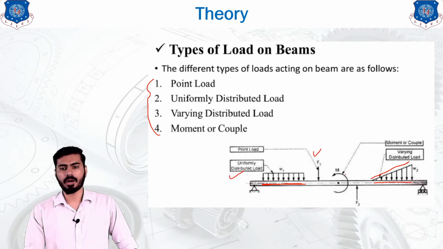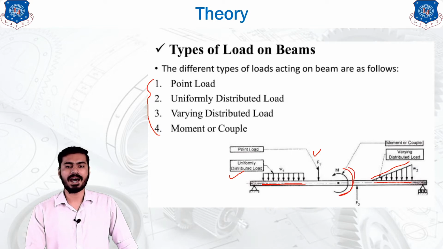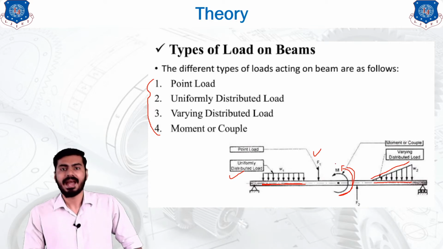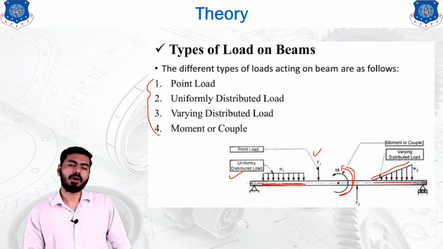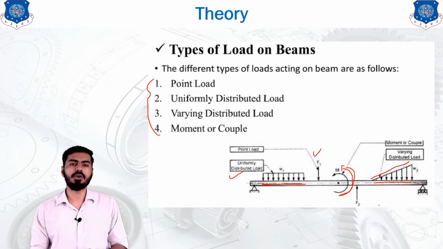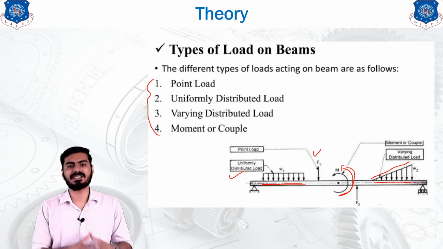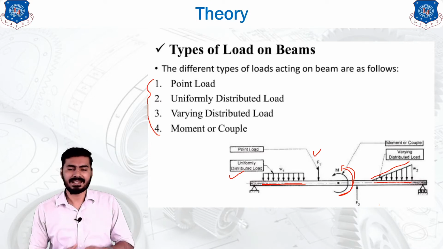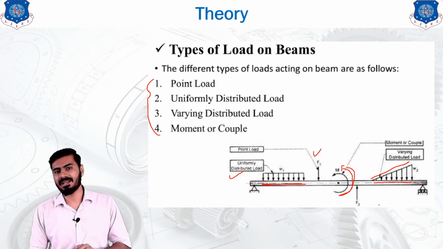The moment or couple is represented by this half circle or arc, which indicates the moment is applied on the beam at this particular point.